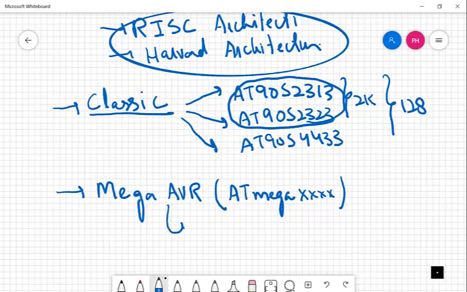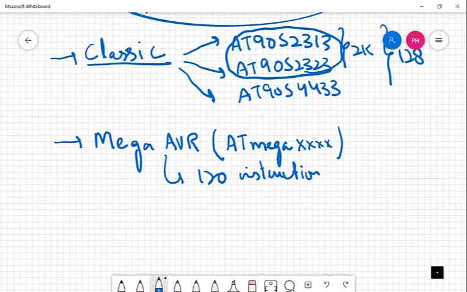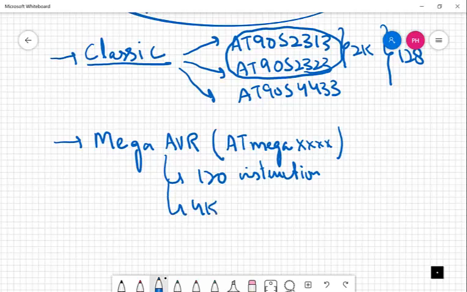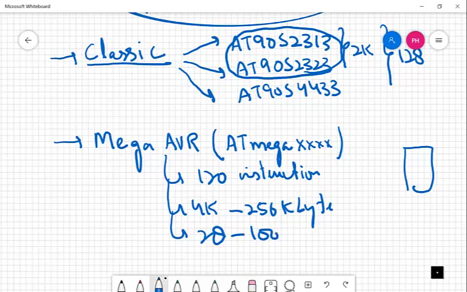Most of them have 120 instructions, that is, they support 120 instructions, and lots of peripheral capabilities like ADCs and PWM, and their program memory varies from 4 kilobytes to 256 kilobytes. That means some of them have got 4 kilobytes, and some have got up to 256 kilobytes. Also, the ICs come from 28 pins to 100 pins. We have got an extensive peripheral set like ADCs, PWMs.